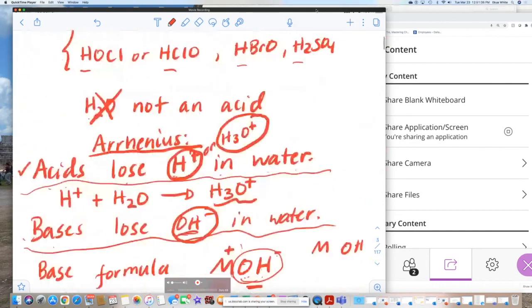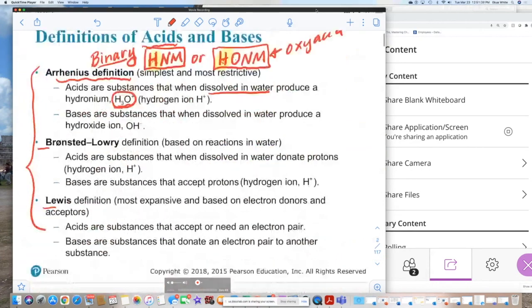Okay, now we're continuing with this next group, Bronsted-Lowry. These are 2 people who worked together and they came up with their definition. In their definition, what they're looking at to decide if a chemical is an acid is different from Arrhenius. Arrhenius' definition was a lot simpler, but it was also very restrictive.